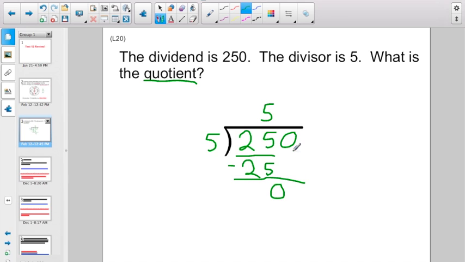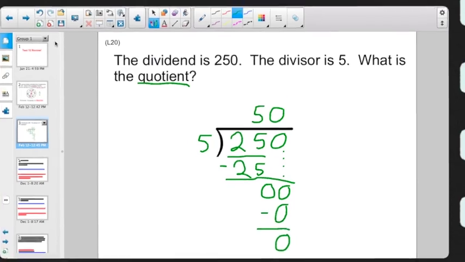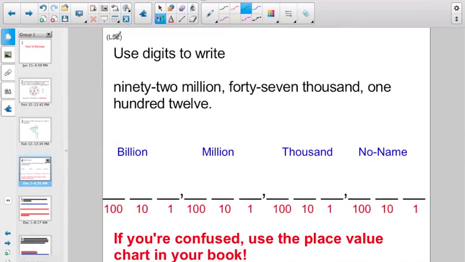I'm going to bring down my extra 0 because I must have a quotient number on top of here as well. 0 divides by 5 0 times. Multiplies back for 0, and it subtracts for 0, right? So the final answer, what is the quotient? It is 50.